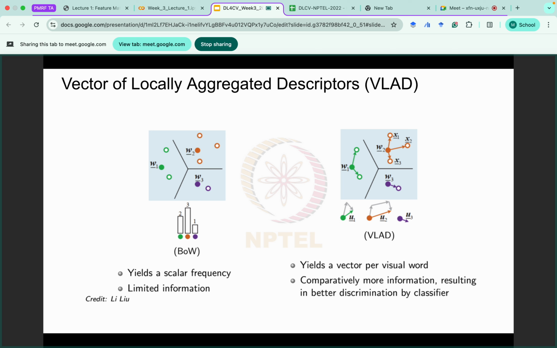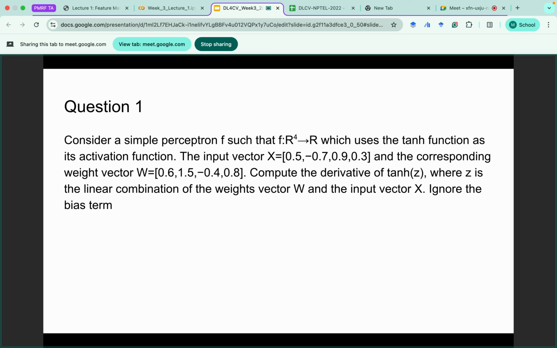So I can also get a vector, a distance for each visual word, which obviously has more information than just the histogram. So we can use these features instead of the scalar histograms to compute the similarity or the distance.